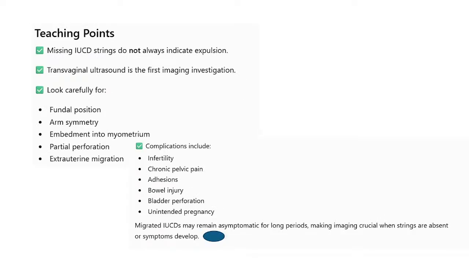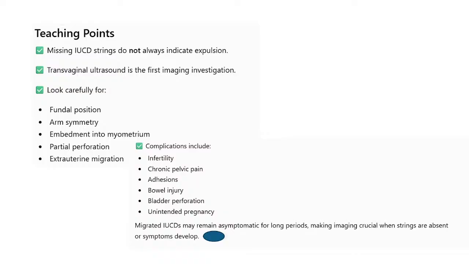So now, what are the teaching points? Missing IUCD strings do not always indicate expulsion. It doesn't necessarily mean that if you miss them, the IUCD is expelled. It can still be within the uterus, like in this case. Transvaginal ultrasound is the first imaging investigation.